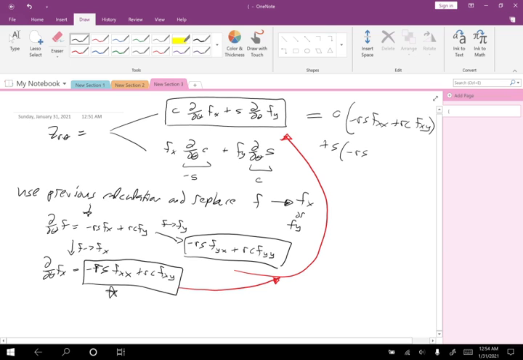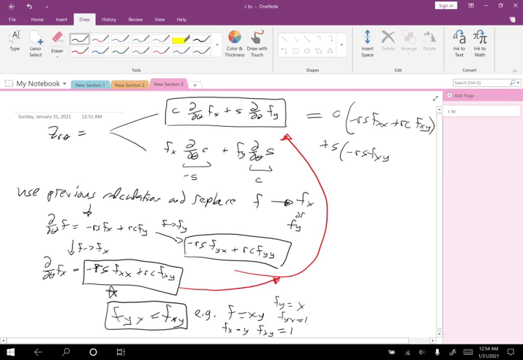And this will look like minus r s f_xy. I'm switching f_yx equal f_xy. Remember, for example, if you have f equals x times y, f sub x equals y, f sub xy equals 1, f sub y equals x, f sub yx equals 1. So these are equal. Now, I just need one more term, and that is this last term here, just in case you're getting lost. So plus r c f sub yy.